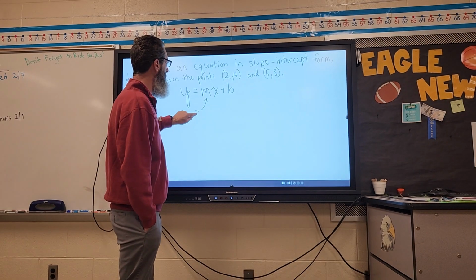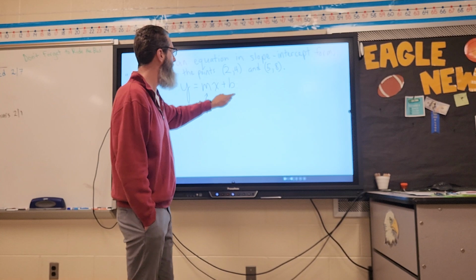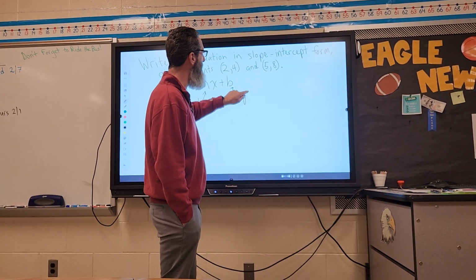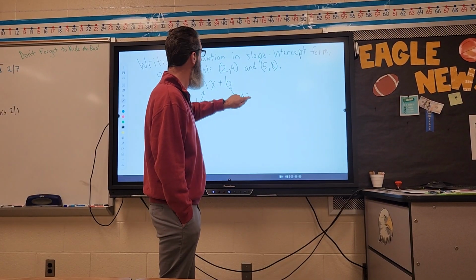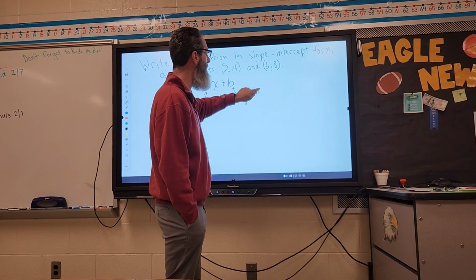The m is the first thing we find, and that is the slope. The b is the second thing we find, and that is where this line crosses the y-axis, and we'll call it the y-intercept.